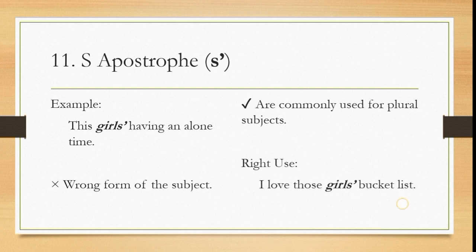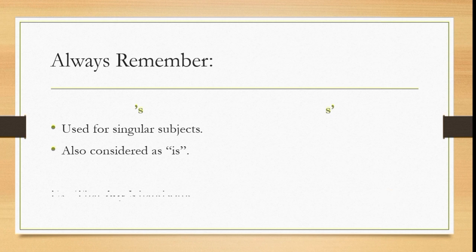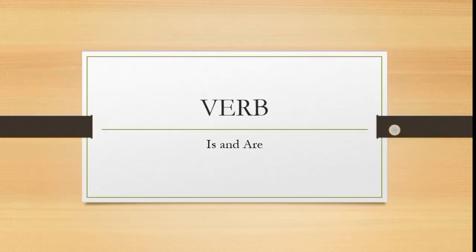Right use is I love those girls' bucket list. Now always remember, apostrophe S is used for singular objects. Example, that boy's handsome. And S apostrophe is used for plural objects. Like, that boy's game was interesting. The boys' games were interesting.